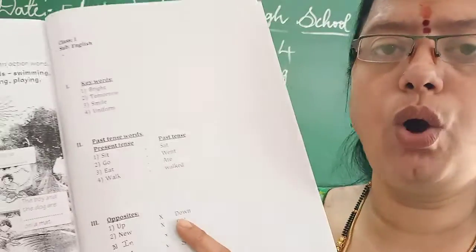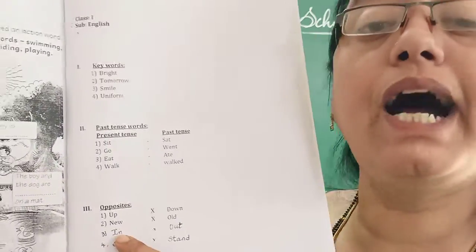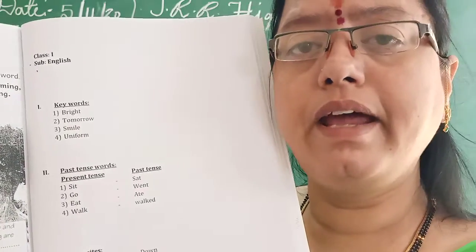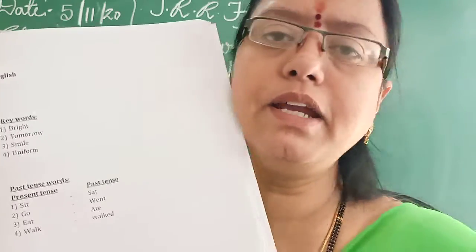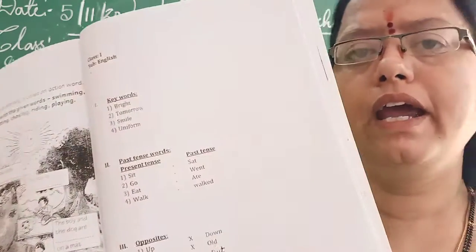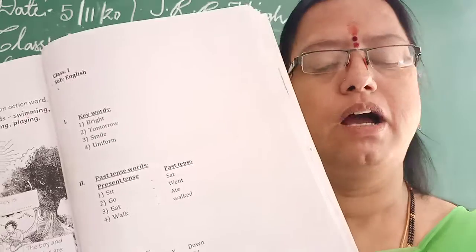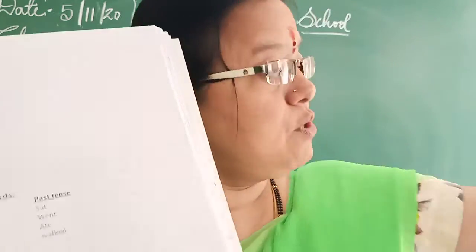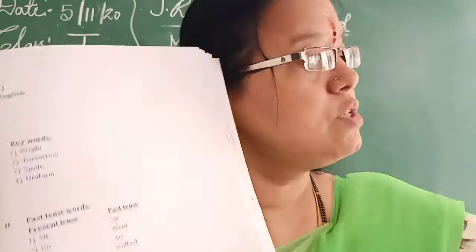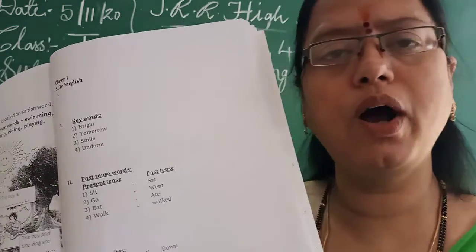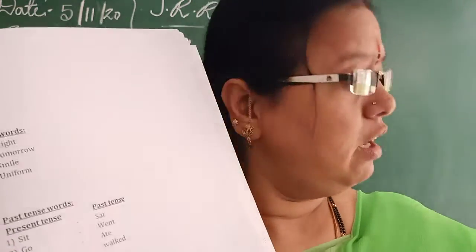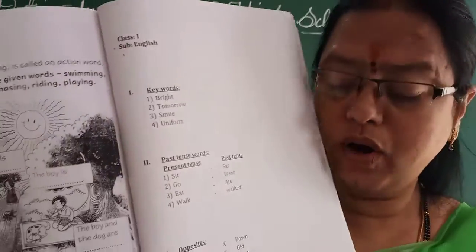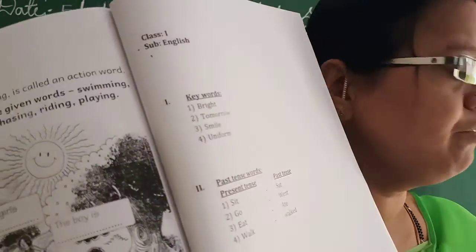Okay, O-L-D, old. Third one, in. I-N, in. In means inside, lopala. In, out. Out means baita. O-U-T, out. In opposite, out. Okay, the boy is standing outside of the class.